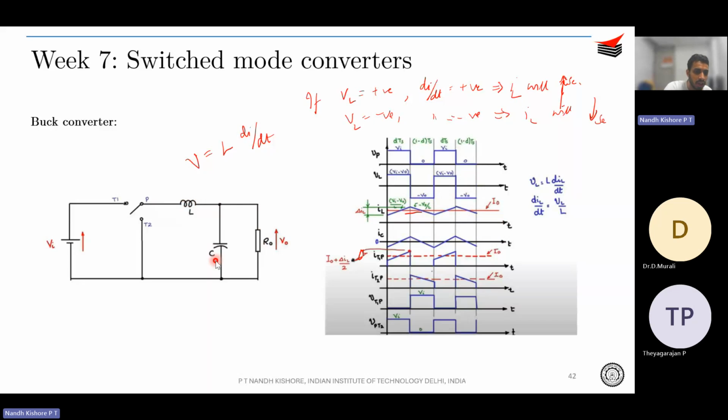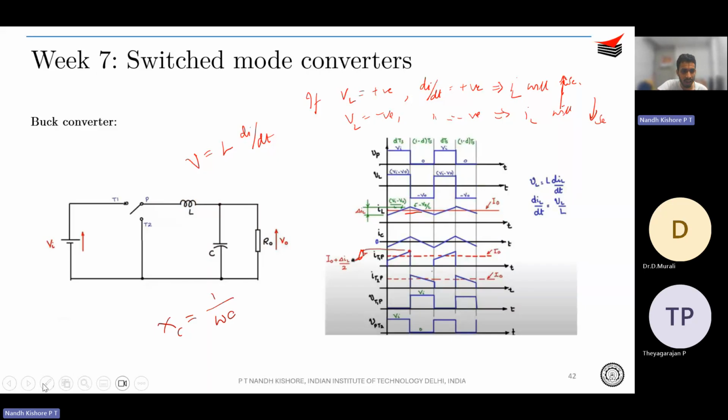The impedance of a capacitor is XC equal to 1 by omega C. For DC at omega equal to 0, impedance is infinity, so the capacitor blocks DC. But of course, it can take the ripple component, which is AC.